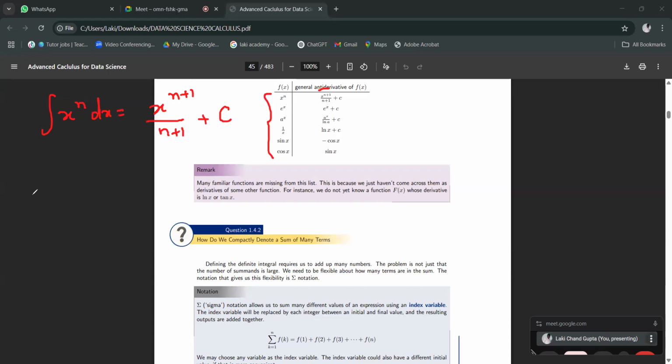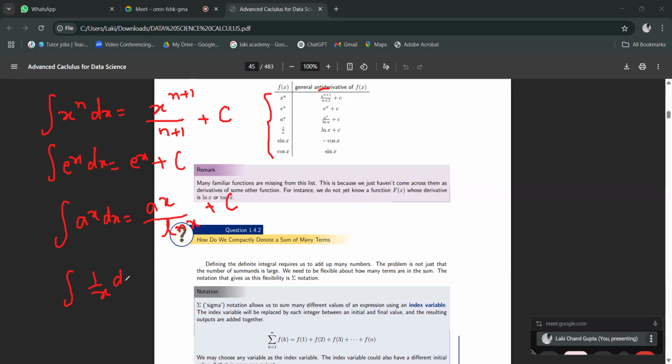That's why we always consider one constant is there. Integration of e raised to x is always e raised to x plus c. Plus c is always one constant. Integration of a raised to x is a raised to x over log a plus c.